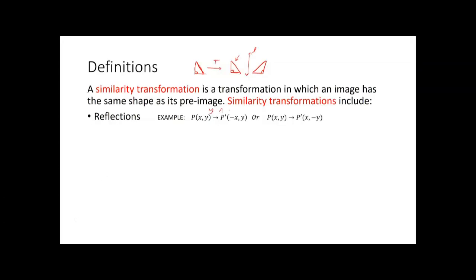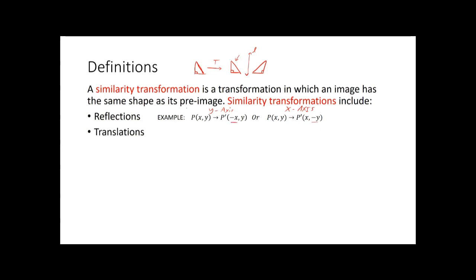I'm just harkening back to what we already learned. The other rule right here is when it reflects across the x-axis, all your y values negate, as opposed to the y-axis where the x negates.